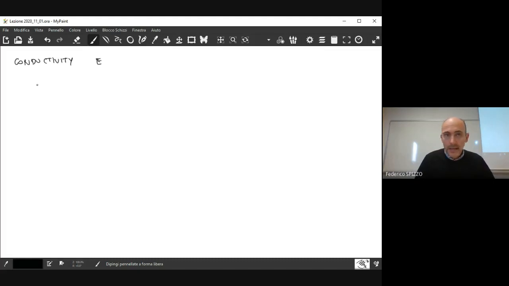And also in this case, the approach is based on the use of the distribution function. I don't remember, in that case I used F for the out of equilibrium distribution function and F0 for the equilibrium one.